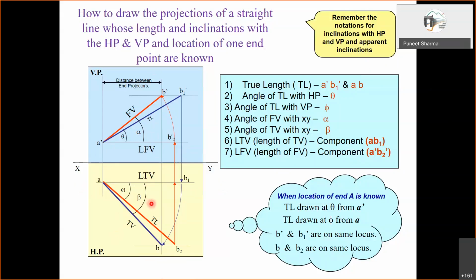Whenever you have a line parallel to the vertical plane, theta and alpha will be equal for the projections. But if the line is inclined to both the planes, then theta will be the true inclination of the line with the horizontal plane, while the angle of the front view with the XY line will be alpha, and that is also referred to as apparent inclination.